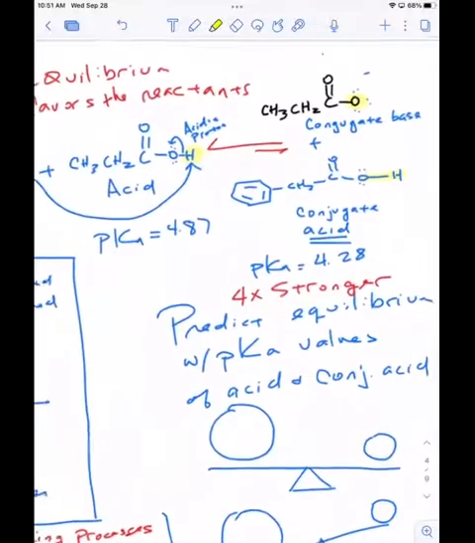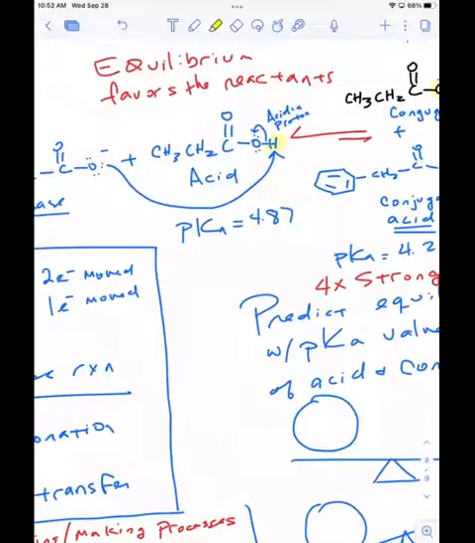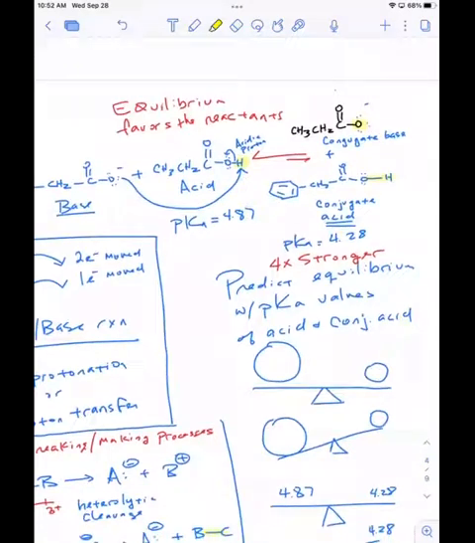So over here, if you've got a stronger acid in the product, it's going to give up its proton faster than the weaker acid in the start materials, right? And so if you're going from a weaker acid to a stronger acid, that reaction is not going to go. It's going to favor the reactants, because think about it this way: if it's 4 times stronger, that means that there are 4 proton transfers happening on the product side for every 1 proton transfer happening on the reactant side.